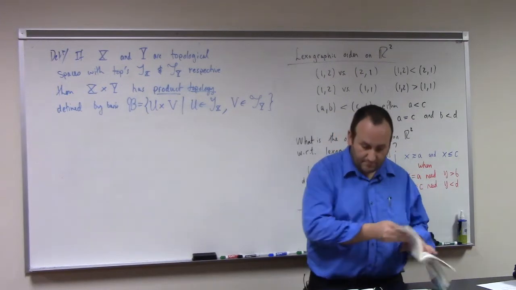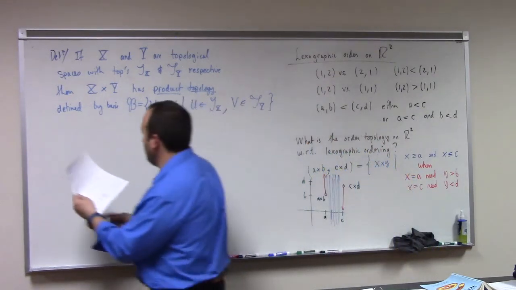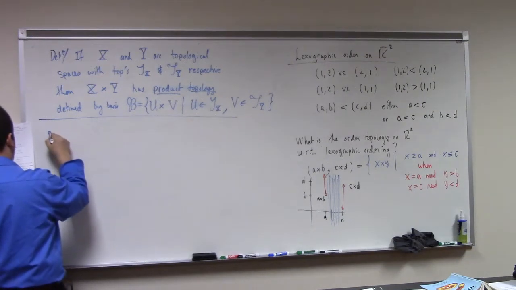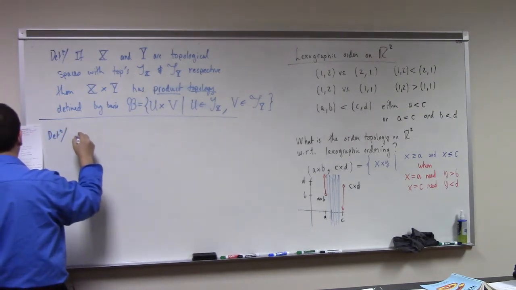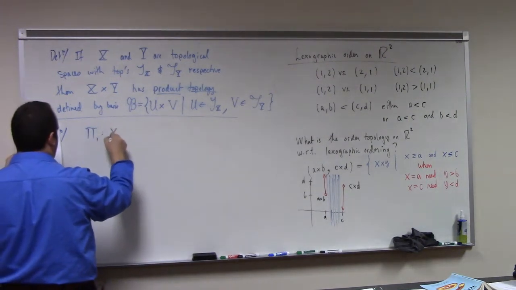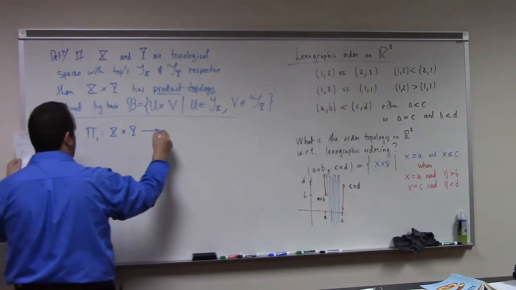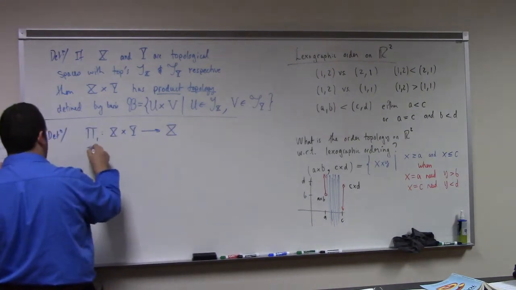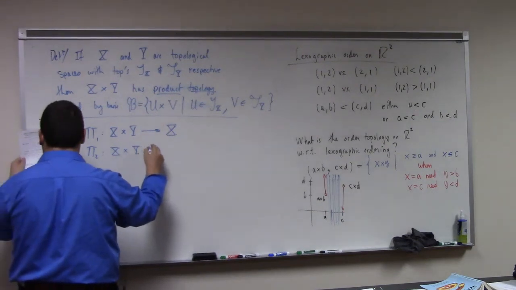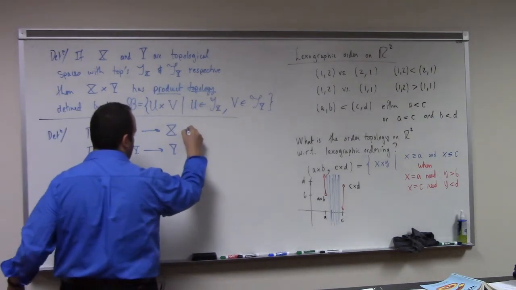Let's look at the projection maps. What are the projection maps? We have pi 1, which goes from X cross Y to X, and we also have pi 2, which goes from X cross Y to Y. And I bet you can tell me what the definition is of these.